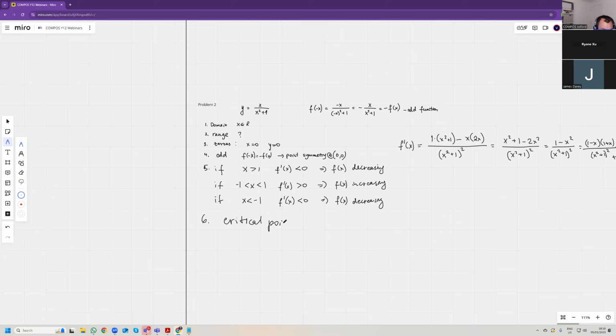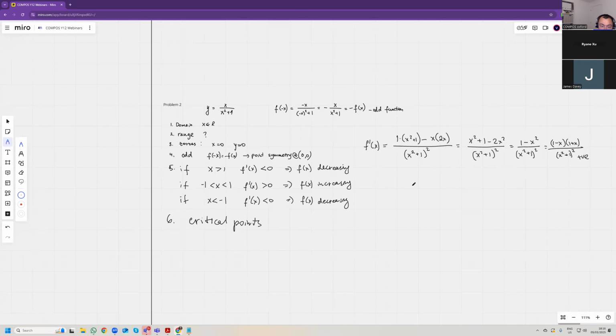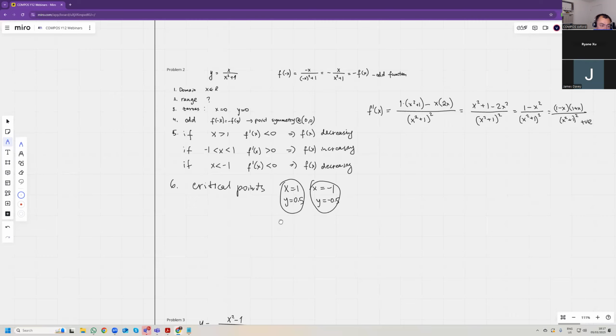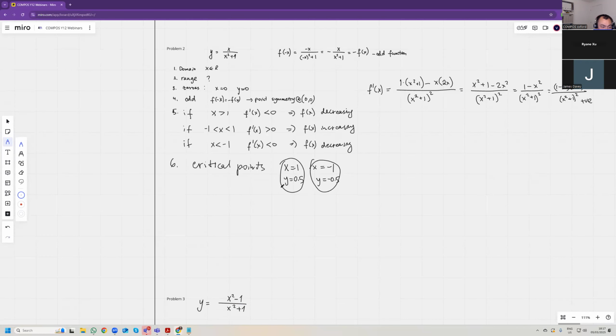We've worked out the critical points are when the derivative is 0, and that is x equals 1 and x equals minus 1. We can find y as well. If x equals 1, that's a half, so y is 0.5. And if x is minus 1, y is minus 0.5. Okay, so those are the critical points, and we can quickly check that this is a maximum and this is a minimum.